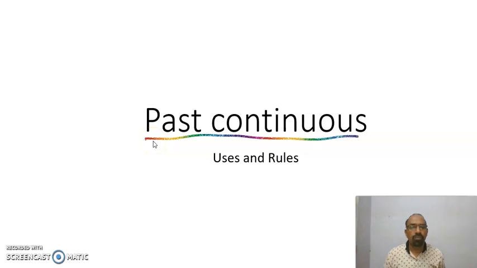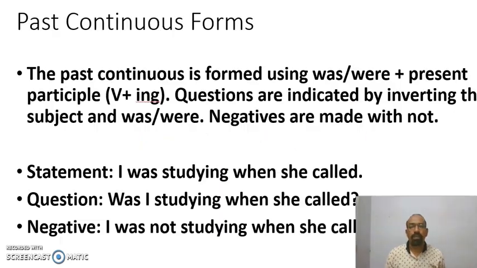Past continuous tense, uses and rules. Past continuous forms. The past continuous is formed using was or were plus present participle.